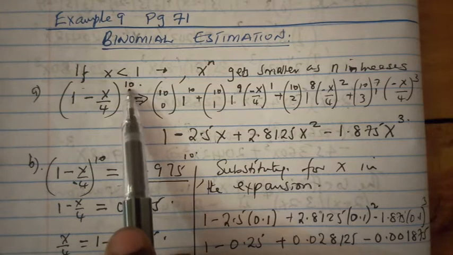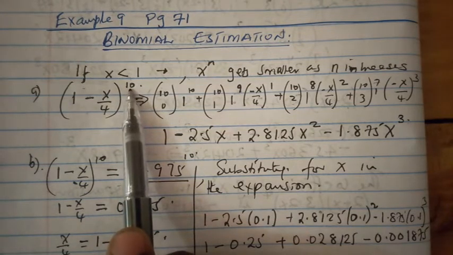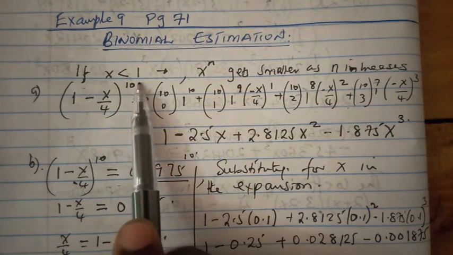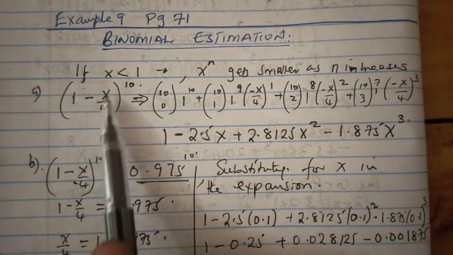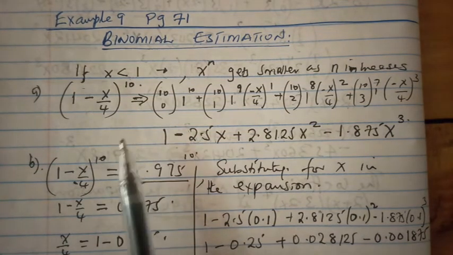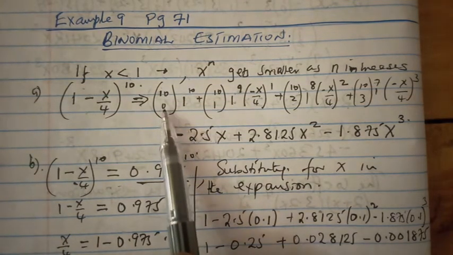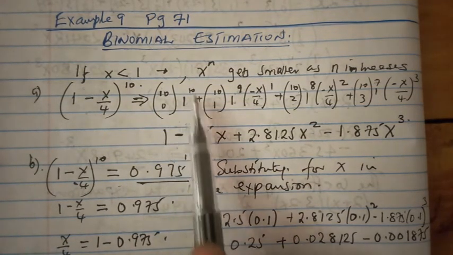The value of n is 10, so the first coefficient is 10C0, 1 raised to power 10, and minus x over 4 raised to power 0, which should be ignored because it's just 1. So 10C0 gives 1.